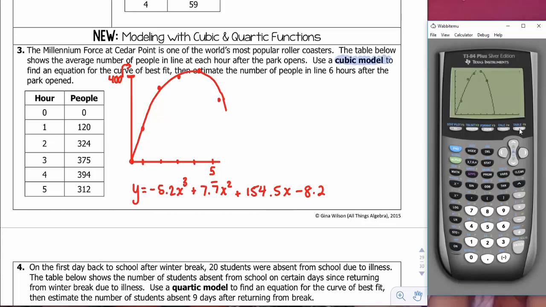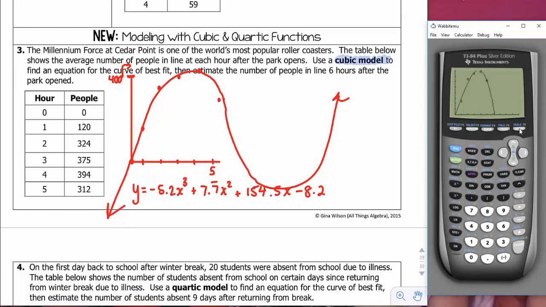And there you go. Obviously this graph is just a portion of it. As you go off the screen, it may come back up, because it is a cubic graph with a positive leading coefficient, so it's going to come back up over here somewhere. But we're only fitting based off the data we have. The more data we have, the more accurate we can make this model.